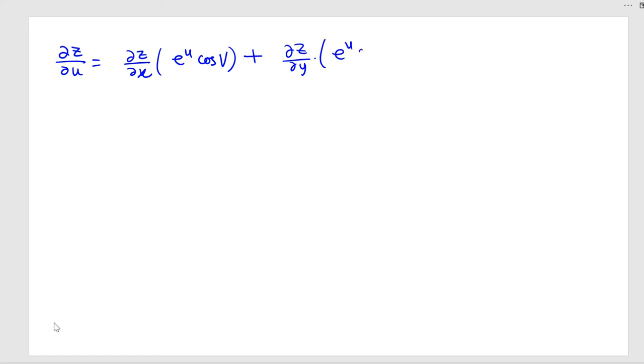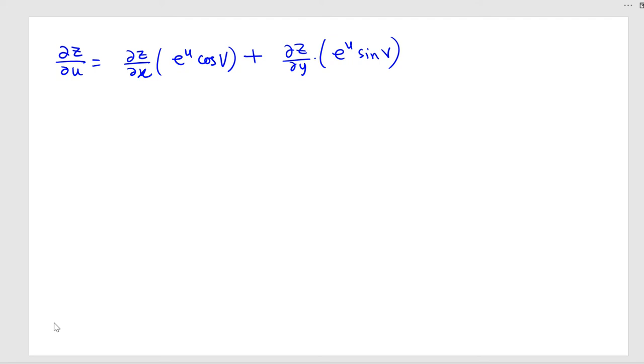Okay. Now we substitute these values in these equations. First we will substitute the values in the first equation, del z del u. So this is del z del x, in place of del x del u we substitute e to the power u cosine v, plus del z del y into e to the power u sine v.